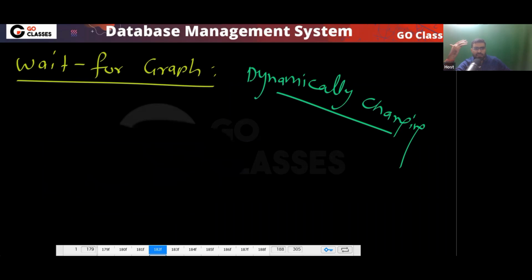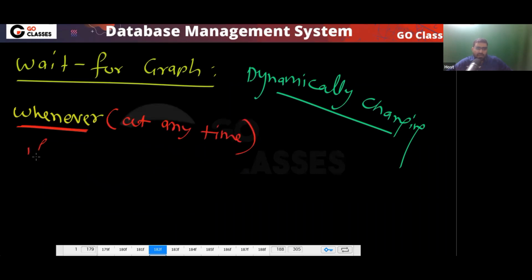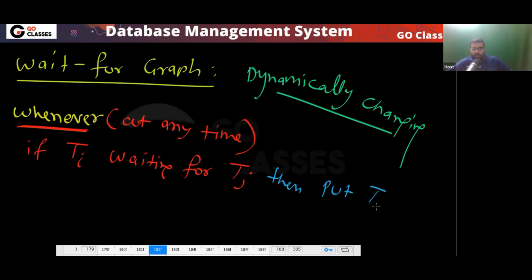Whenever T1 is waiting for T2, then you put the edge. Very simple. Remember, at any time, if Ti is waiting for Tj, then what do you do? Then put a Ti to Tj edge.